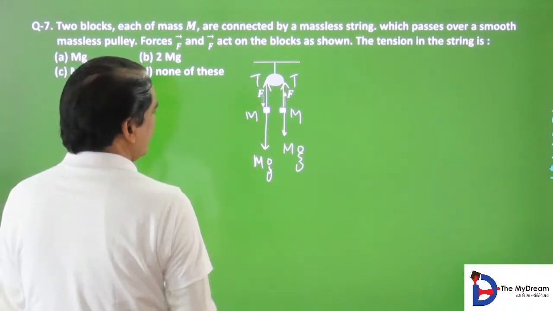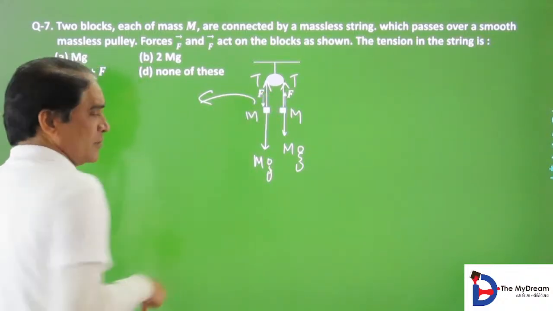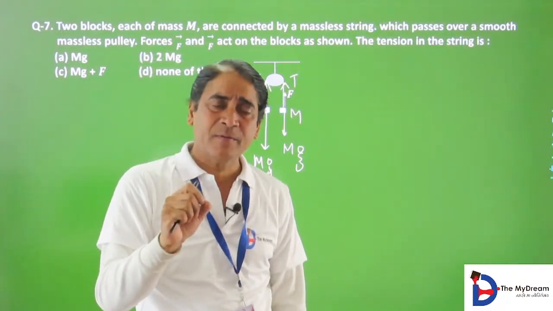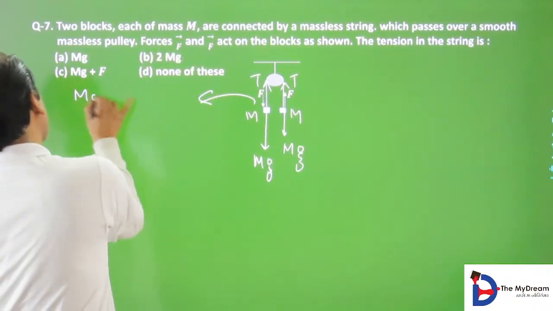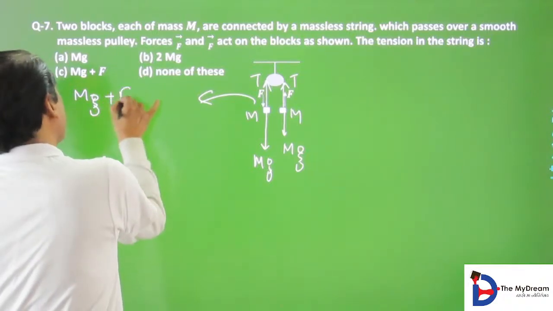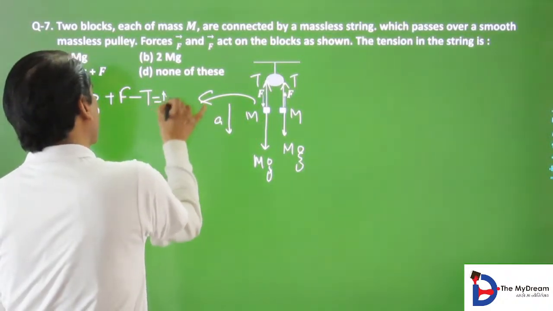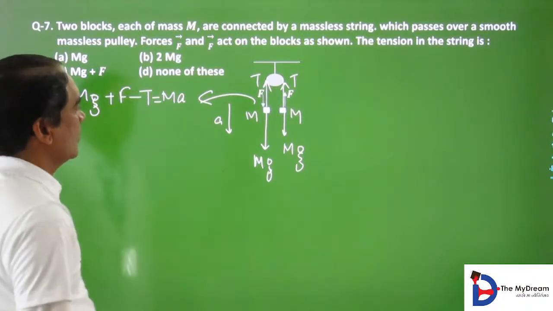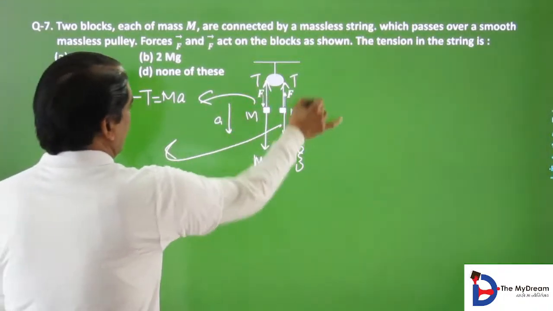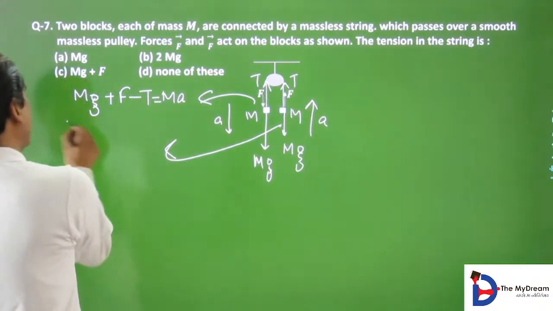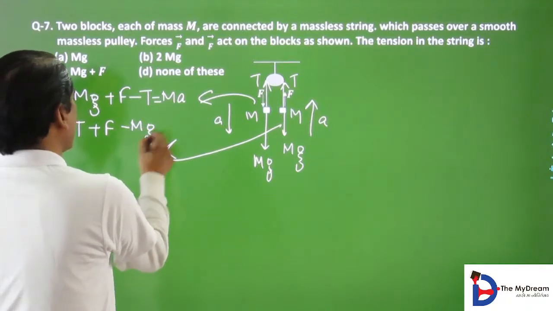For this one, capital F and mg, the direction of the weight is same as that of capital F. So mg plus F minus T gives m into A. From this, T plus F minus mg is equal to ma.